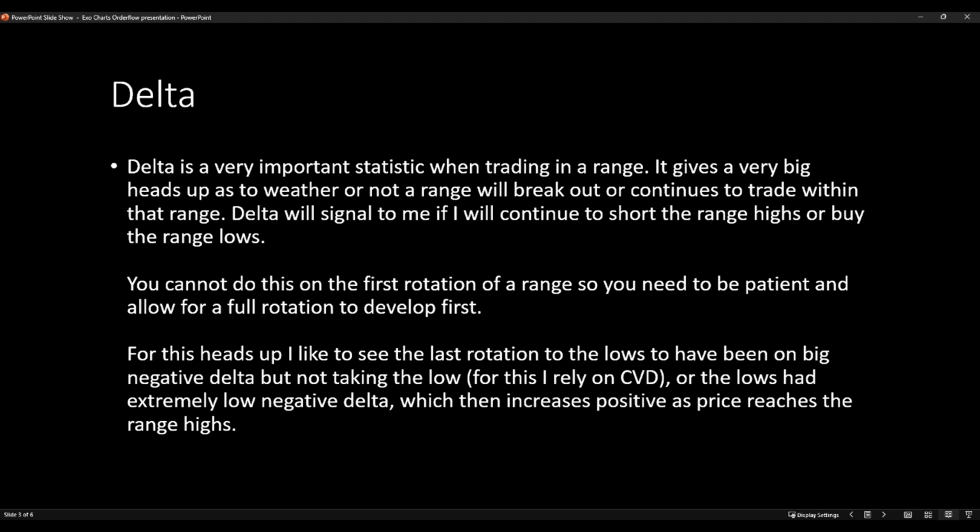And then vice versa, if price is approaching the highs on increasing delta, but it's not taking that high, and you're seeing a divergence form, then that's on the RSI, that would be the same here essentially as CBD. But in this case, CBD shows you where a bigger trader is and where they're sat with their limit order absorbing the market.